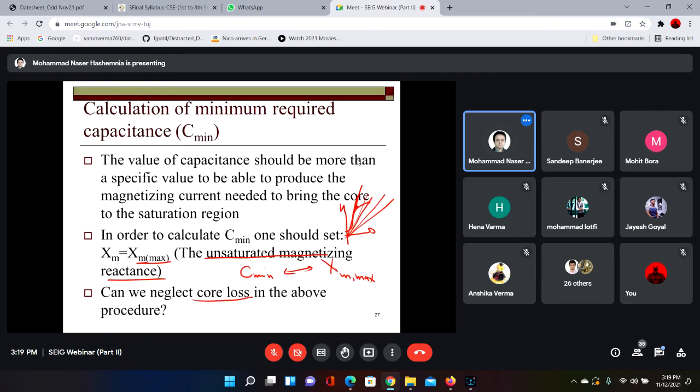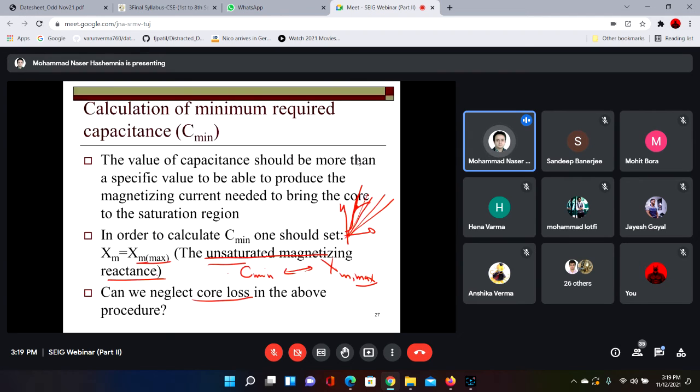Yes. What's the reason? The reason is written above. Because C min corresponds to Xm max. Xm max corresponds to the unsaturated region of the magnetic path of the machine. If the magnetic path of the machine is unsaturated, then you can neglect core loss. So when you want to calculate the capacitance requirements, you can neglect core loss.